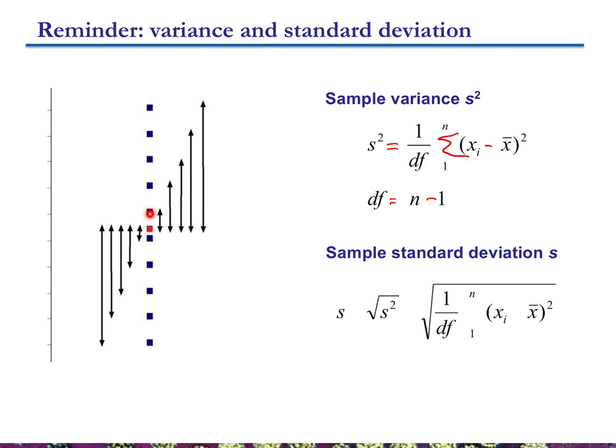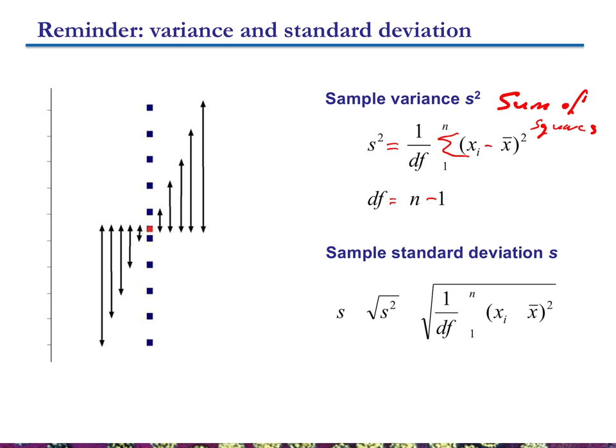For variance, we take each individual data point, subtract the mean from it, we get its deviation, and we square that. We do the same thing for all the rest of the data points in the sample, then we add up all those squared deviations. This is what's referred to as the sum of squares.